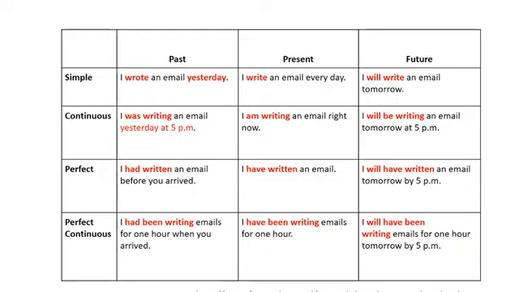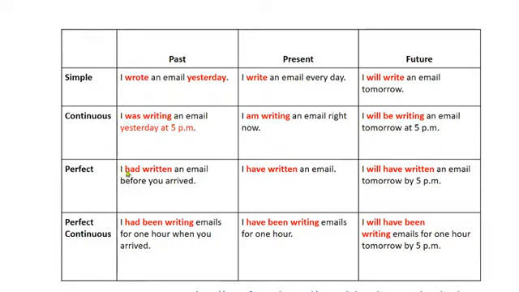So here, these are the rules you have to understand. If it is the simple present tense, the verb will have the present form. If it is the simple past tense, it's a past form. Past continuous means was or were plus verb plus ing. That's why it is was writing. Was is singular. If you use were, it will be plural.